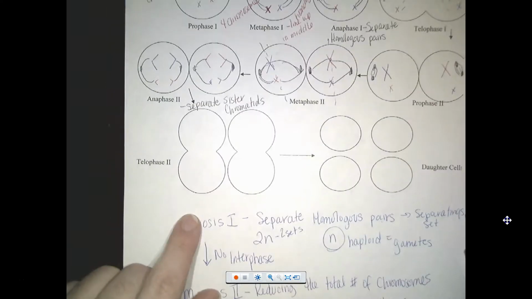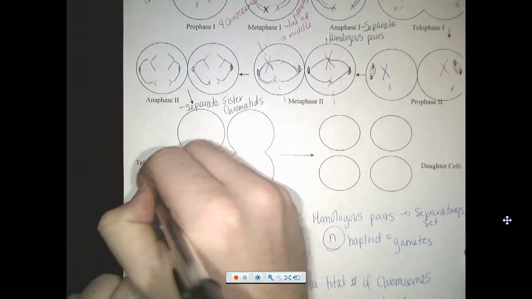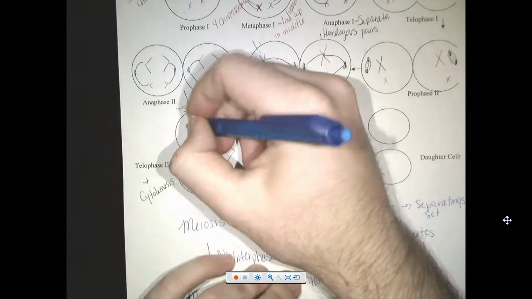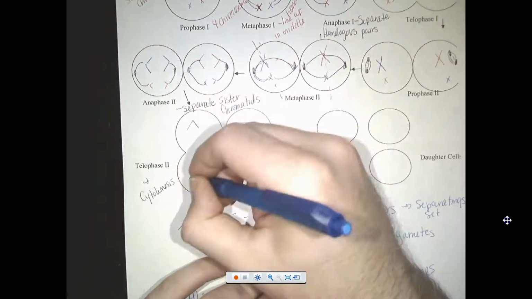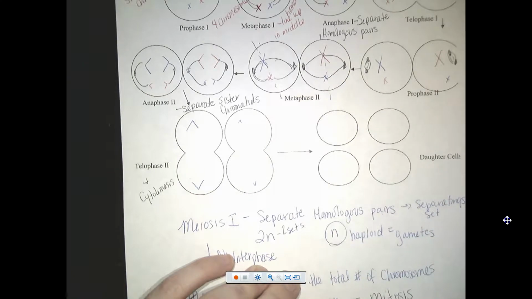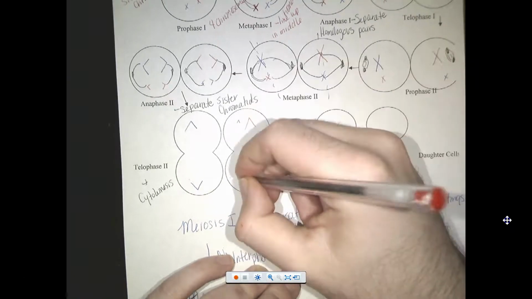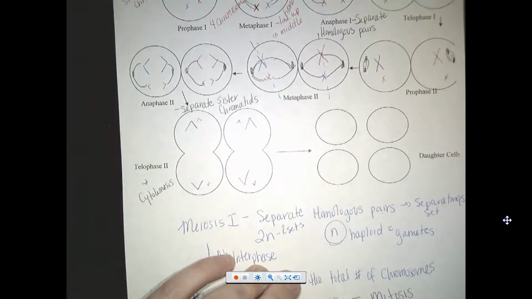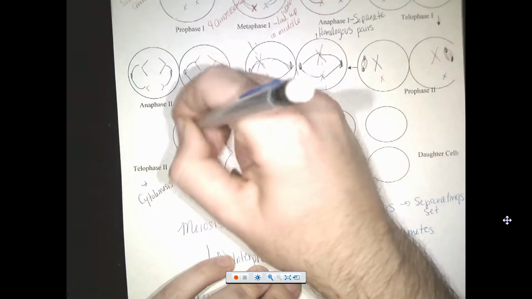So we go to telophase, we've got cytokinesis happening. What's happening to our chromosomes now? We start to reform our nuclear envelope, so that's going to show up around our cells. What else is happening during telophase?